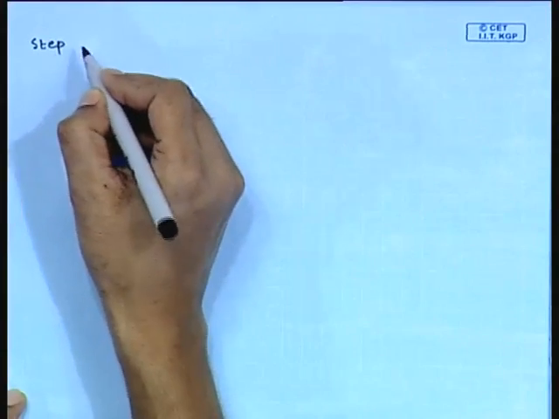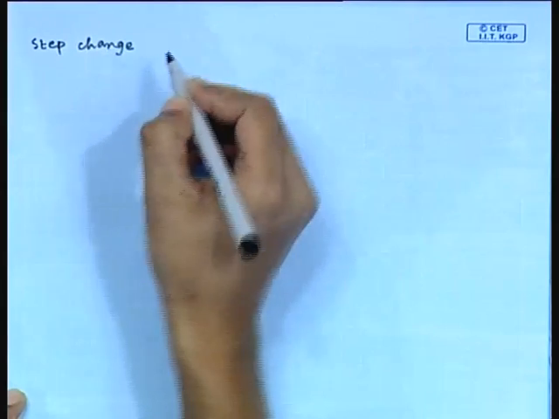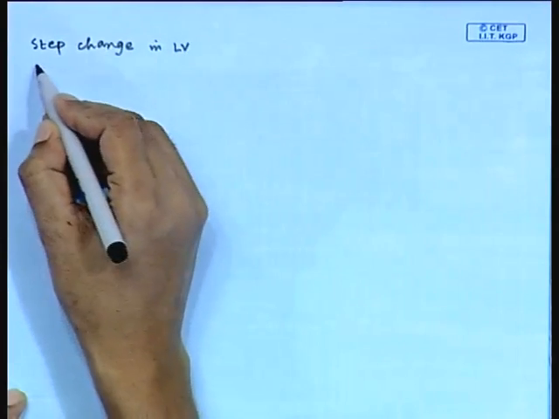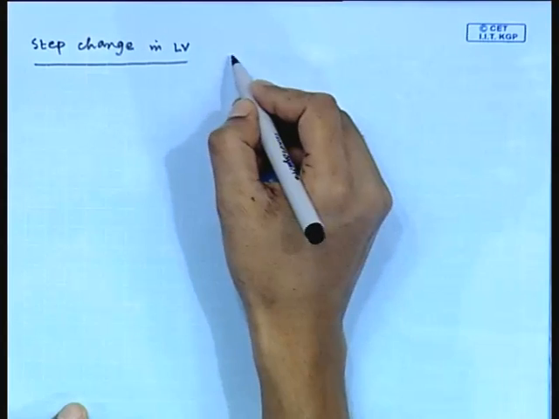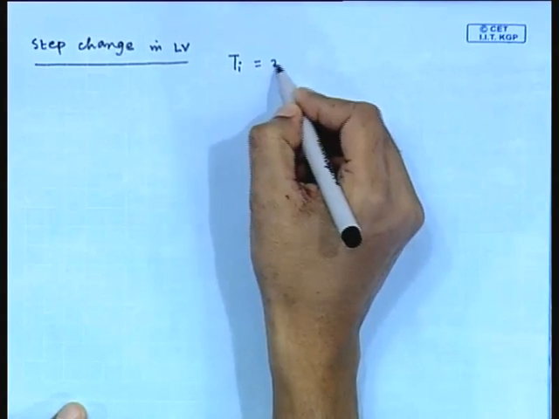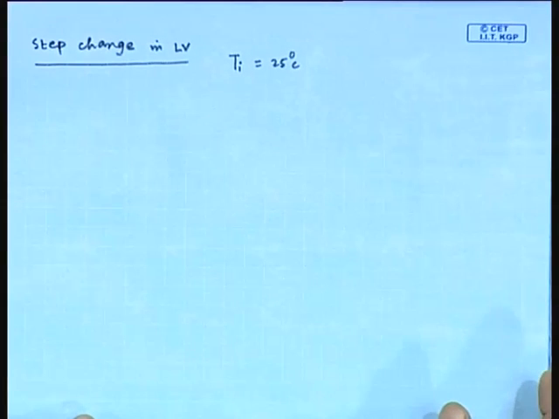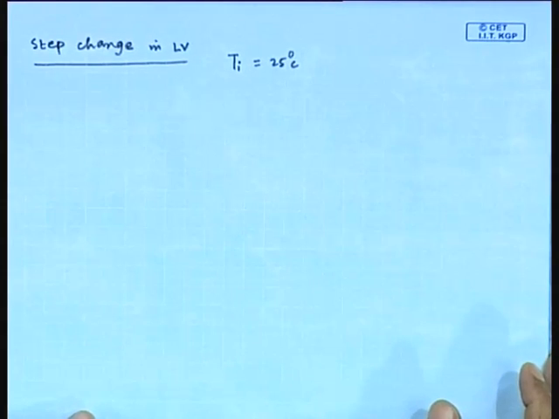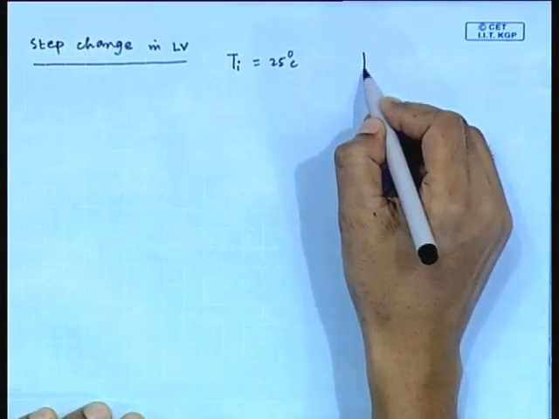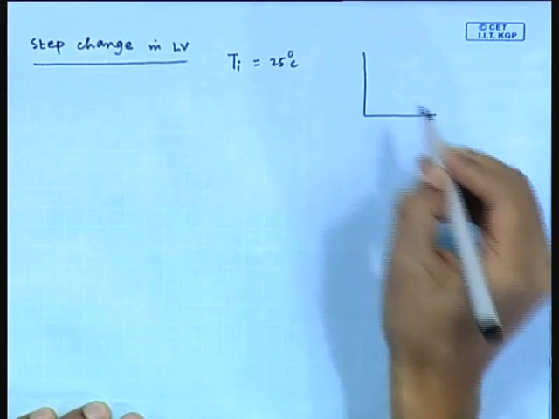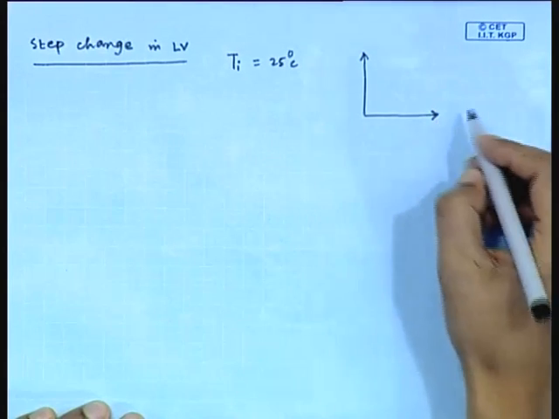Next, we will consider the step change in load variable. As mentioned, Ti is the load variable, and at steady state Ti is 25 degrees Celsius. Now, we will introduce a step change in Ti, that is represented in this plot.